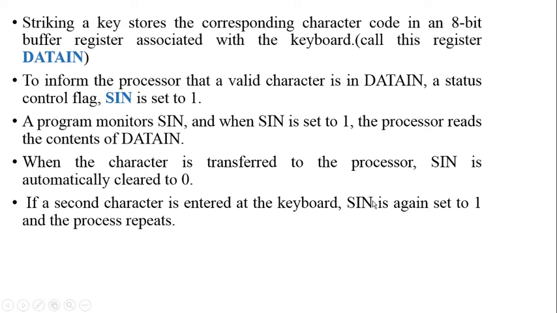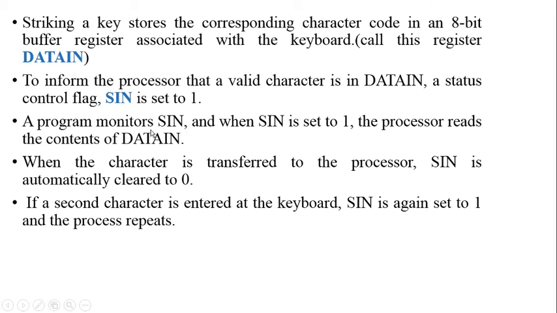Striking a key stores the corresponding character code in the data in register of the keyboard. To inform the processor that a valid character is now available in data in, the status control flag SIN is set to 1.